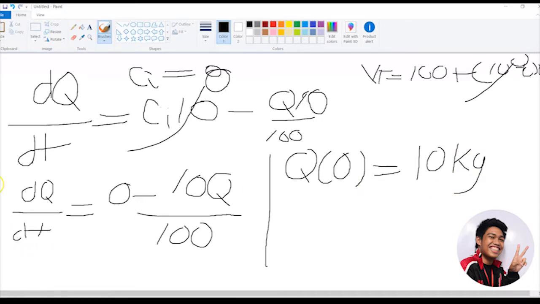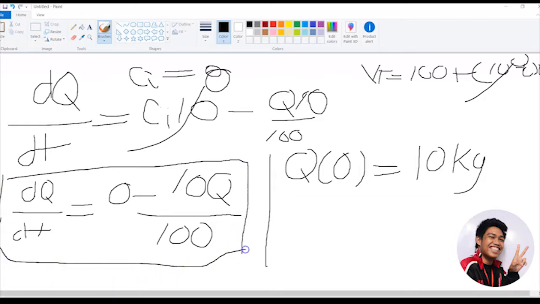Now, as we have our differential equation, we can use MATLAB to solve this to get the general solution, a particular solution, and the amount of salt in the tank after 30 minutes.